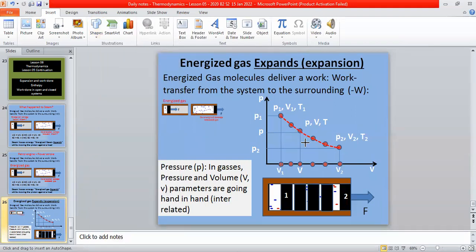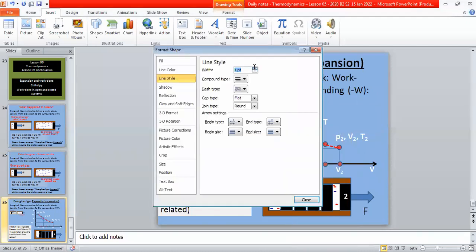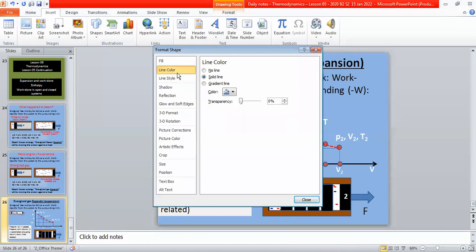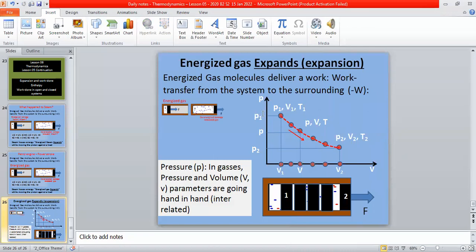We can just mark a direction. This is the direction, 1 to 2. Okay, not 2 to 1. 1 to 2. It's an expansion process.